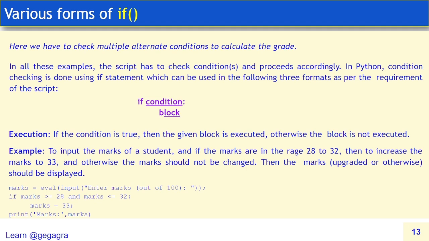If the marks entered are greater than or equal to 28 and less than or equal to 33, then marks are updated to 33. If you enter, say, 29, marks will automatically be turned to 33, and finally you can print the marks. If I enter 35, it will print 35 because the condition becomes false. And if I enter 28 or 29, it automatically turns to 33. And finally you can print it.